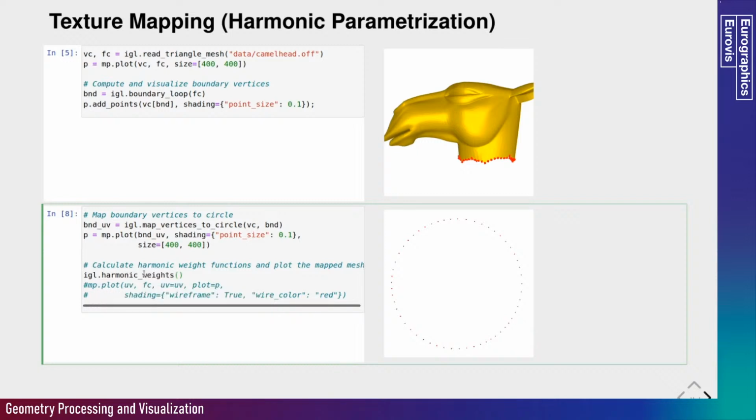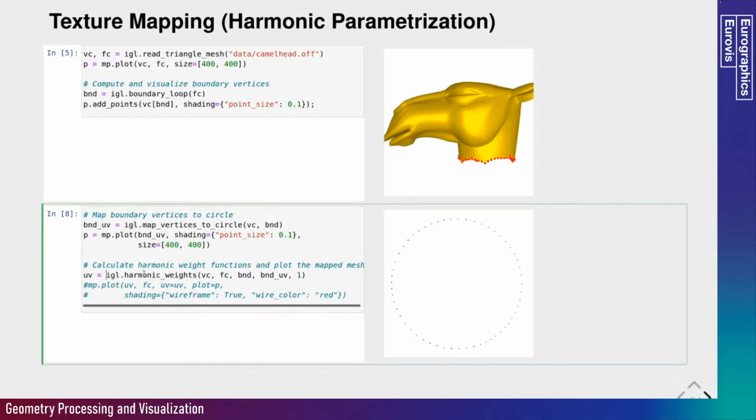Now we just hand in the vertex coordinates, the face coordinates, our boundary vertex indices as well as the boundary coordinates, which are the mapped vertex positions onto the circle, and we just want a harmonic mapping, so we put in 1 here. 2 would be biharmonic.